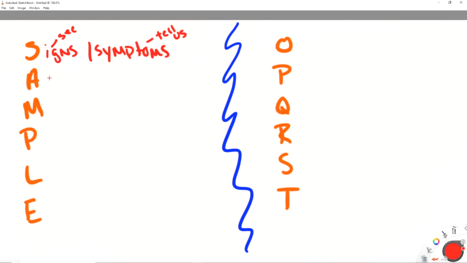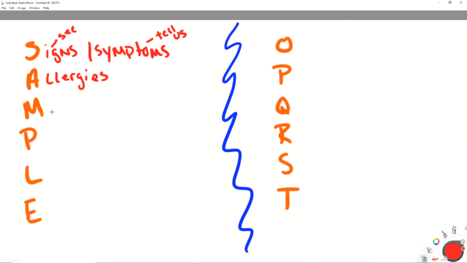The next thing we want to find out, especially if we're going to be giving medicines, is if they have any allergies. So A is for allergies. I typically like to ask if they're allergic to any food or medications, because some food allergies can inhibit certain medications that we can give.